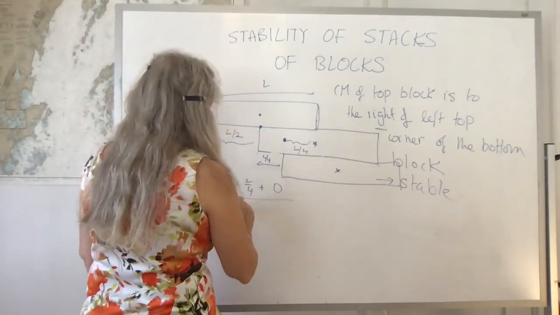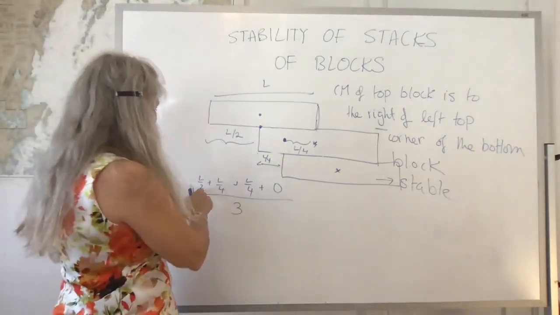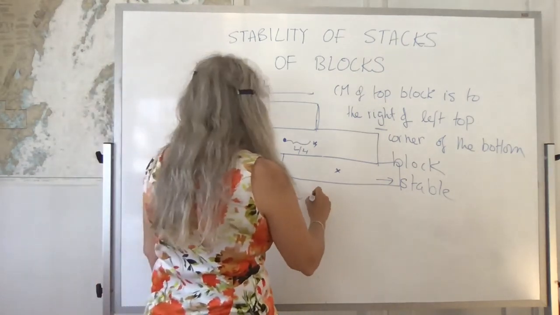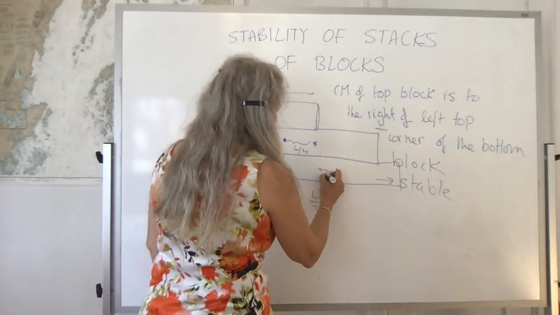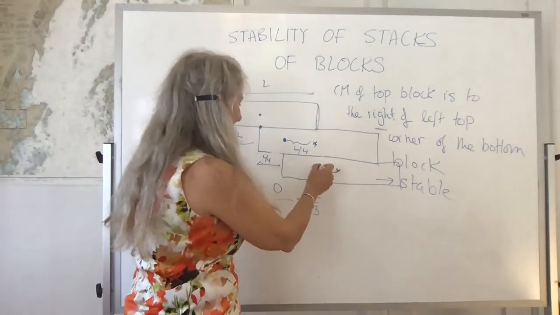But now I need to divide by 3 blocks because I have 3 blocks in my computation. So 1/2 plus 1/4 plus 1/4 is 1, and so this is equal to L over 3. And so the center of mass of all 3 blocks from the center of mass of this one is L over 3.